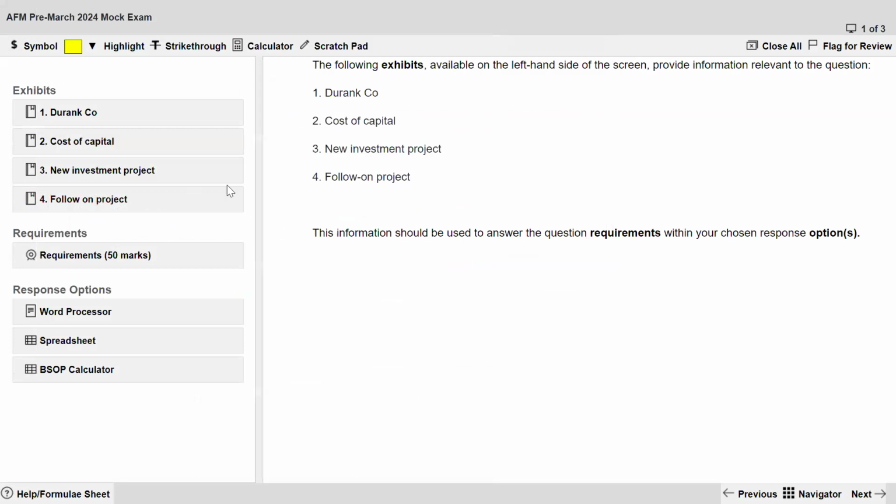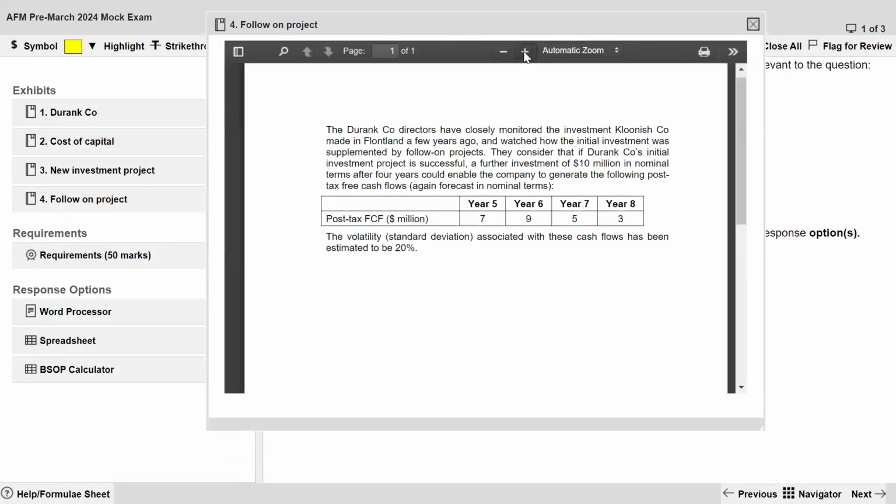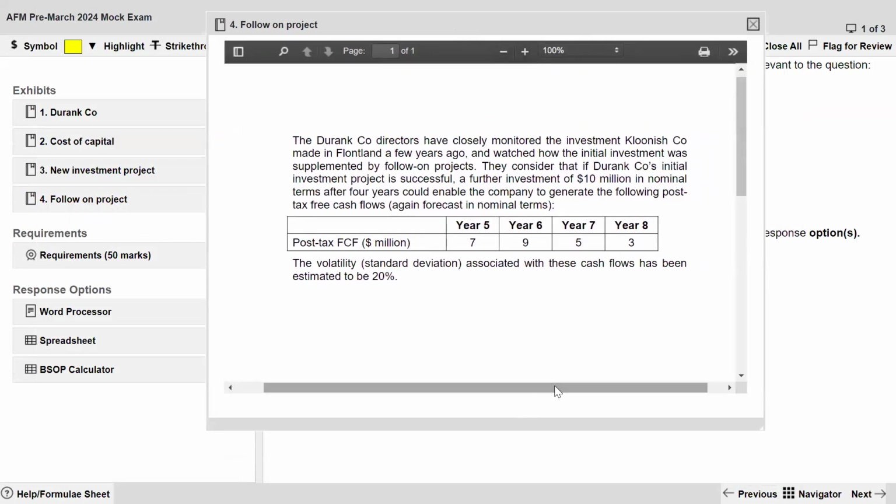Now let's see. So follow-on project is something that is there. Now, can you just go through this so that I could just help you understand further?